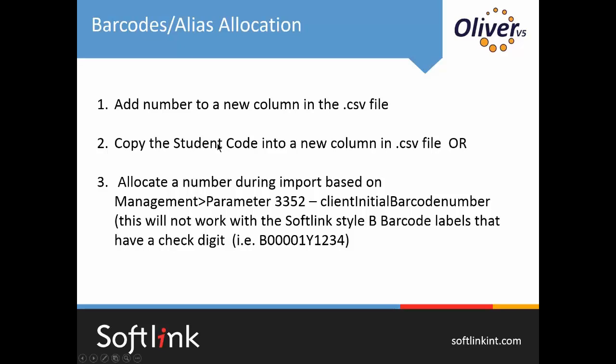So I suggest this because it's a unique number for the student. So rather than having to create a new sequence of numbers, you can just use the admissions number. But you do need to be careful if you do this, because you'll need to open up the file in Excel to create a new column.